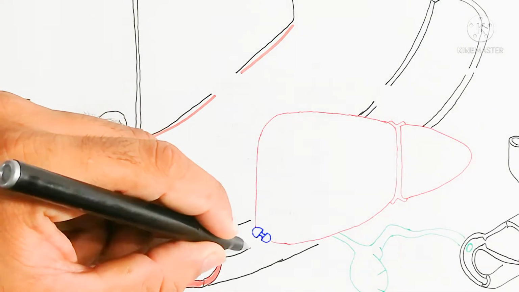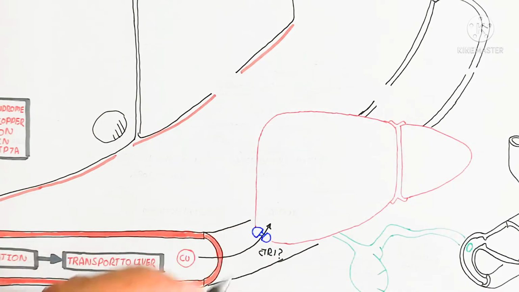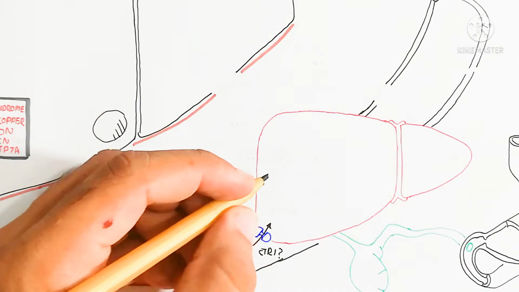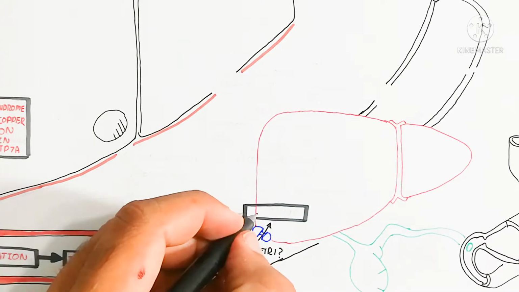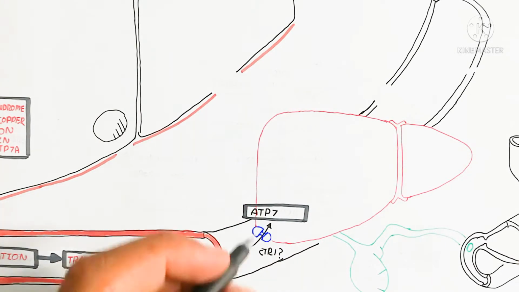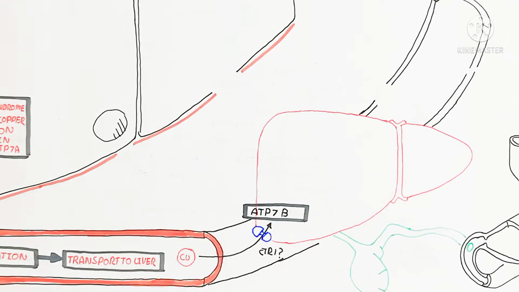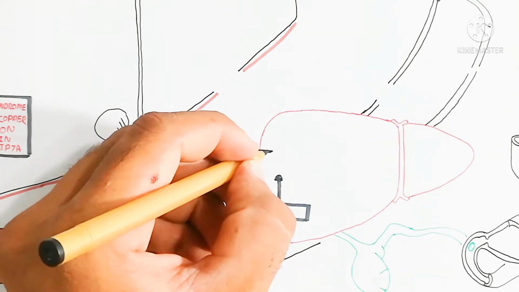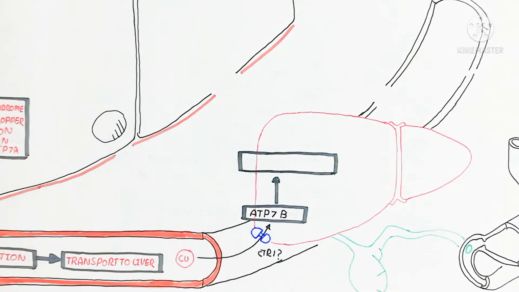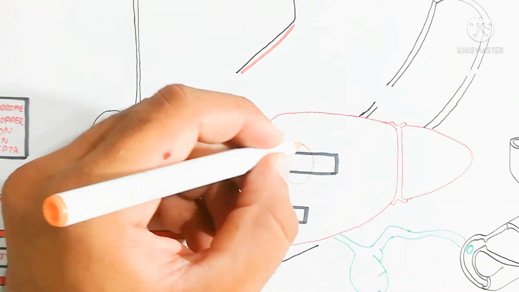When it moves inside, there is the ATP7B, which is produced by the hepatocyte. This ATP7B is produced from the ATP7B gene, and mutation of this gene causes Wilson disease.